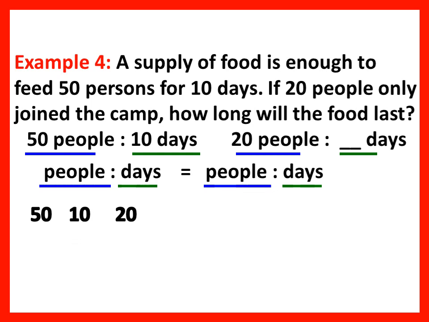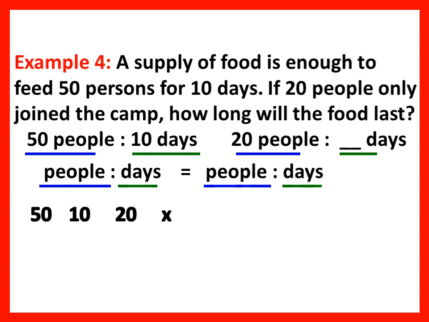So you will be expecting that the number of days will become larger than 10, that will become increasing. So your x will be higher than 10. Let us repeat: from 50 becomes 20, that is decreasing; from 10 becomes higher than 10, that is increasing.